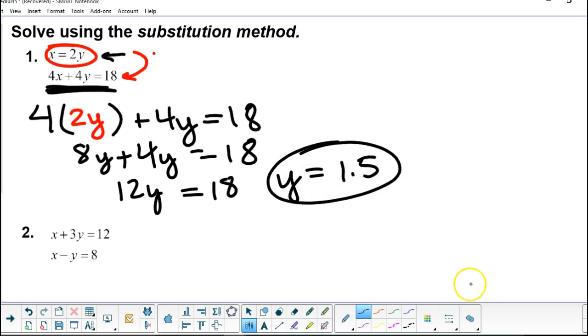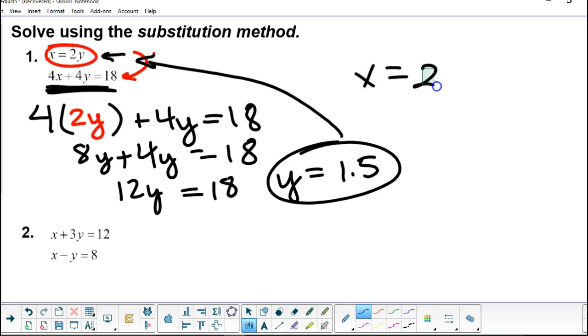Now, in doing that, we can see that y is not going to be a neat number, but we can take that and plug it in up here to this first equation, and find, since x is going to be equal to 2y, we have x is now equal to 2 times 1.5.